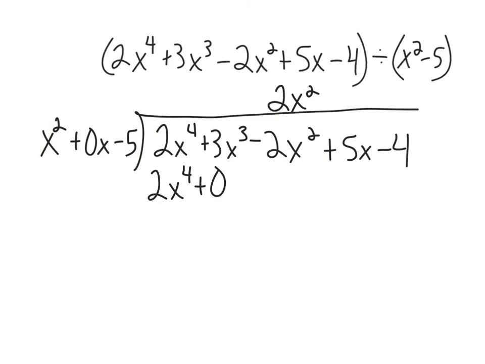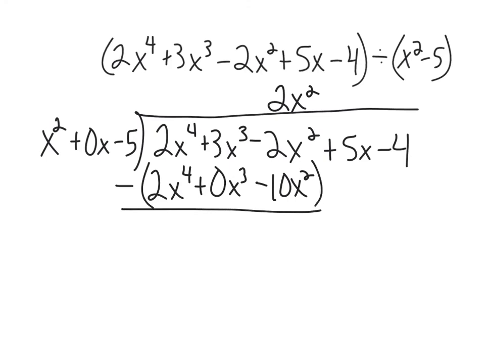I'm going to put plus 0x cubed, and then minus 10x squared. And then we're going to subtract. We're going to add the opposites here. As always, that first term should cancel out if we've done this correctly. That would be 3x cubed plus 8x squared.